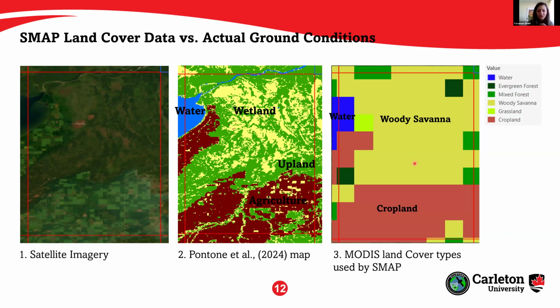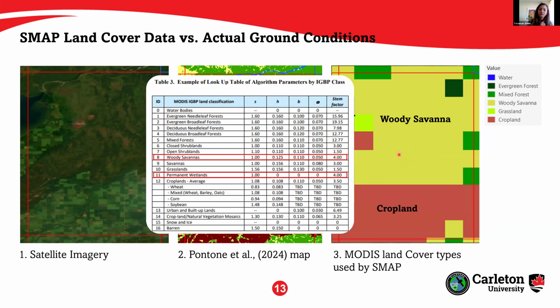And on the right, we see the MODIS land cover map used by SMAP, where wetland areas are incorrectly classified as woody savanna. We have lots of land cover types, and each has a different set of parameters in the SMAP algorithm to estimate soil moisture. So to improve soil moisture estimation, it's crucial to use the right land cover type.